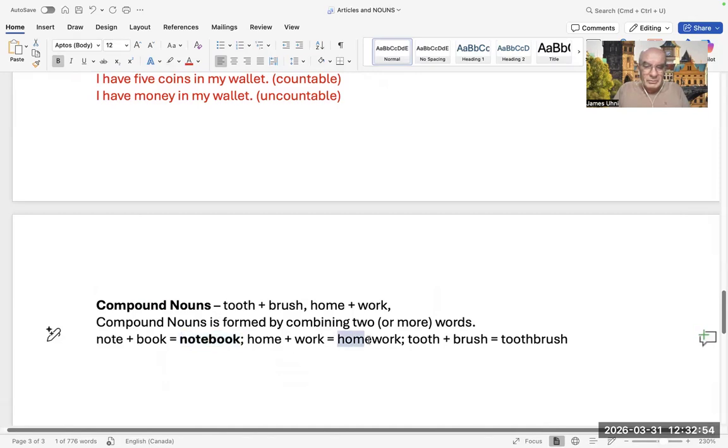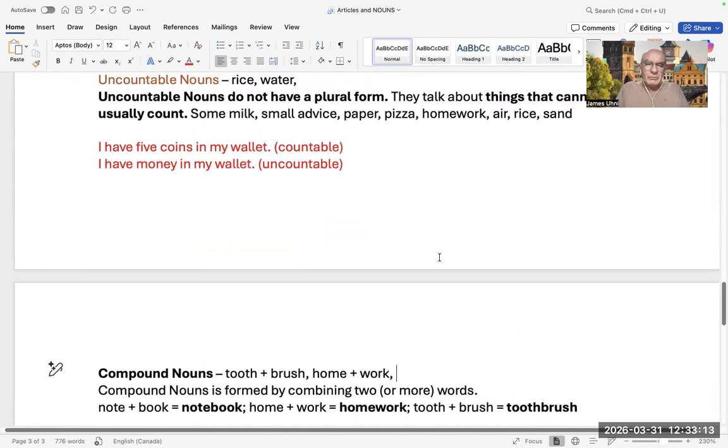So I will just make the compound noun bold, as it says at the top, and that is everything about nouns.